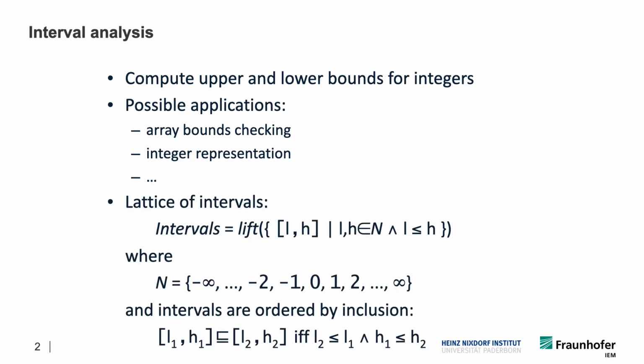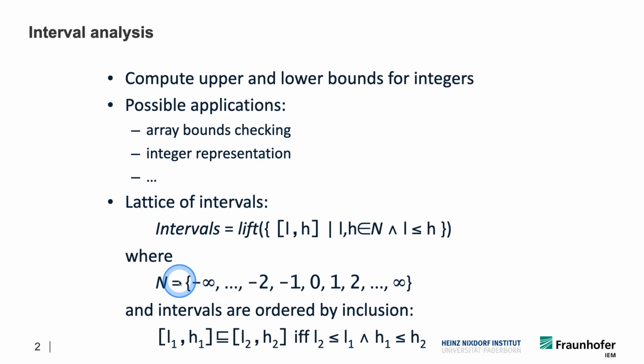And in general, we have a lattice that looks like this. We basically have intervals comprising of numbers, where the left-hand side value L is smaller or equal than the right-hand side value H. And here we're actually using a lifted lattice, which I'll get back to in a second.